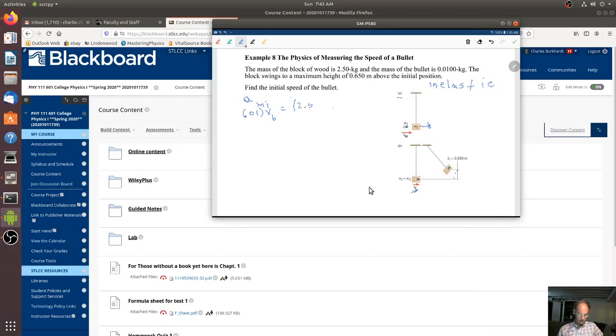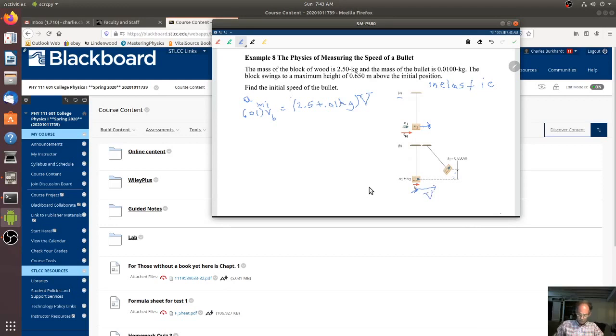It's 2.5 kilograms, that's the block, plus 0.01 kilograms, that's the bullet. And this is going to be, we'll call it big V. That's the velocity of the bullet in the block after the collision. That's the velocity that's going to be starting out part B. We'll call it big V.